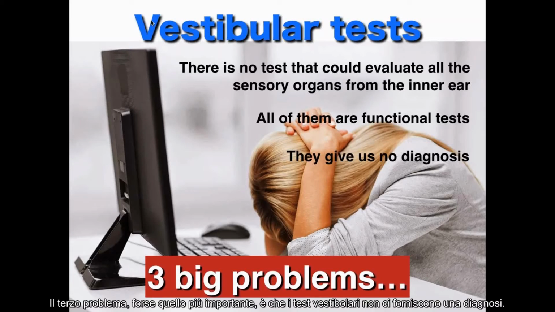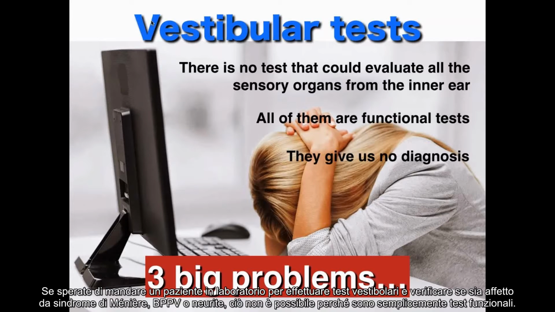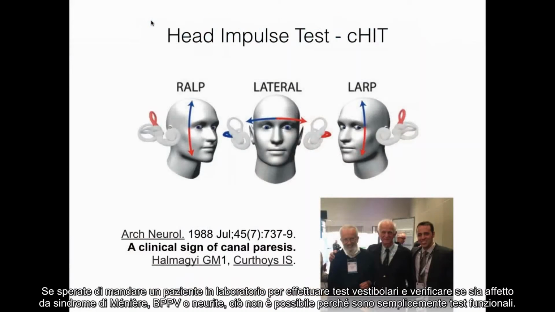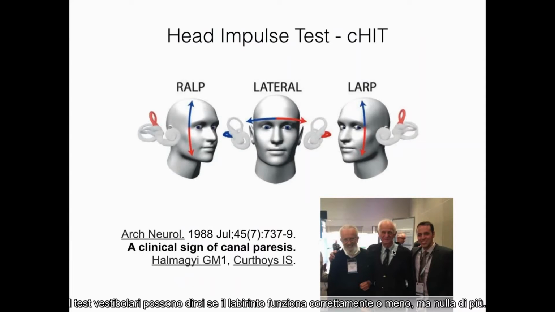And the third, and maybe the most important one, is that vestibular tests give us no diagnosis. If you're expecting to send a patient to a vestibular lab and find out if the patient has Meniere's or BPPV or neuritis, you're not going to find it out, because they are just functional tests. The vestibular test can tell us if your labyrinth is working properly or not.